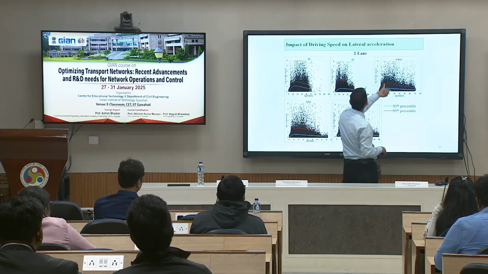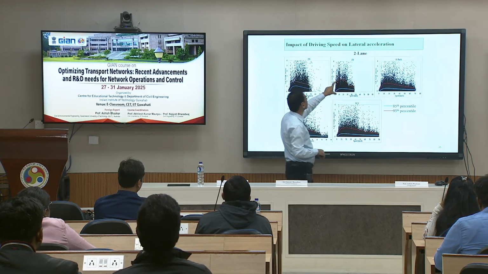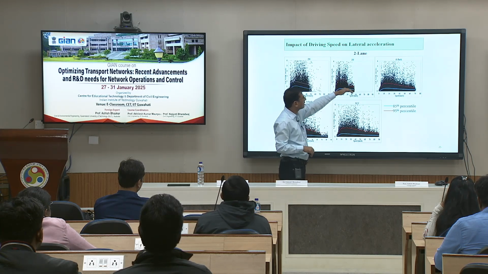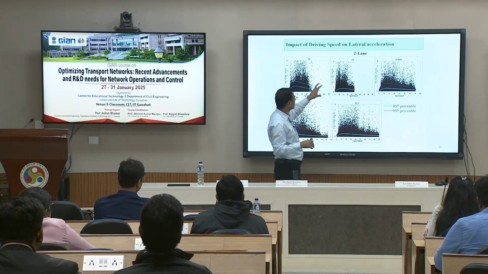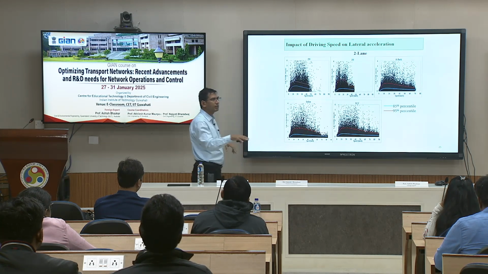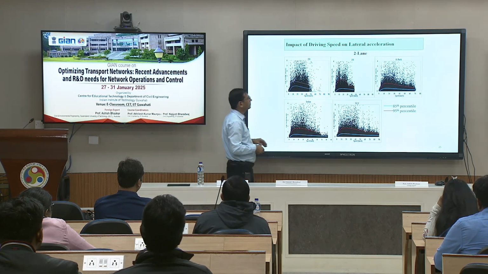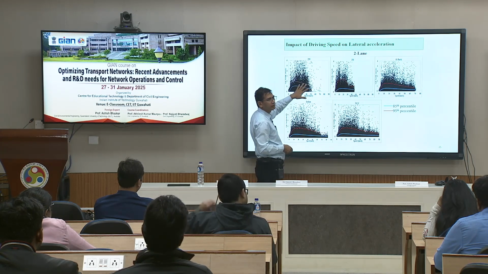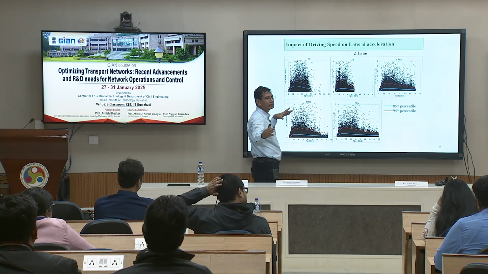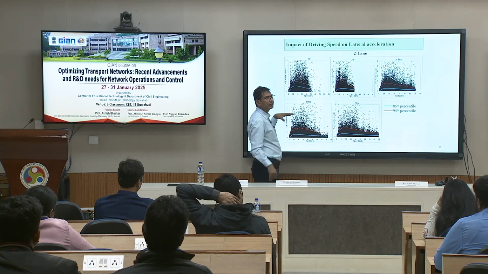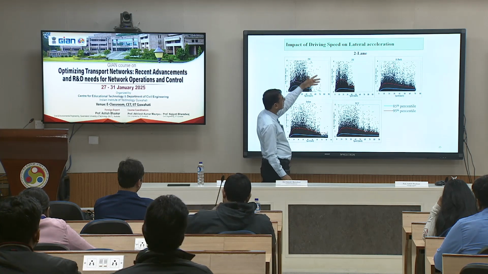Hatchback is slightly lower. Here the three-wheeler is giving an even higher value. This depends on how much serpentine motion you are doing. The more serpentine motion, the higher the lateral acceleration values, and these are not at curves. These are all at mid-block sections, excluding all the intersection data, and that is for 2 lanes.